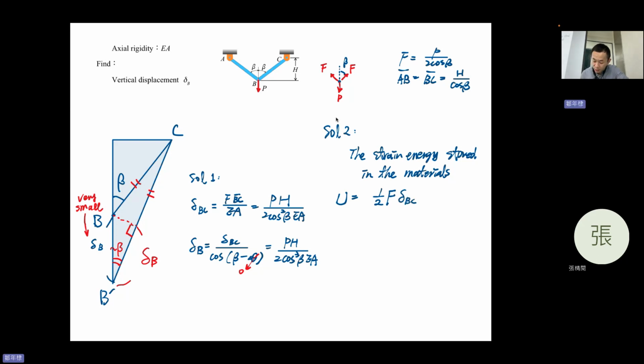And then you have 2 bars, and each of them has strain energy of half F delta BC.